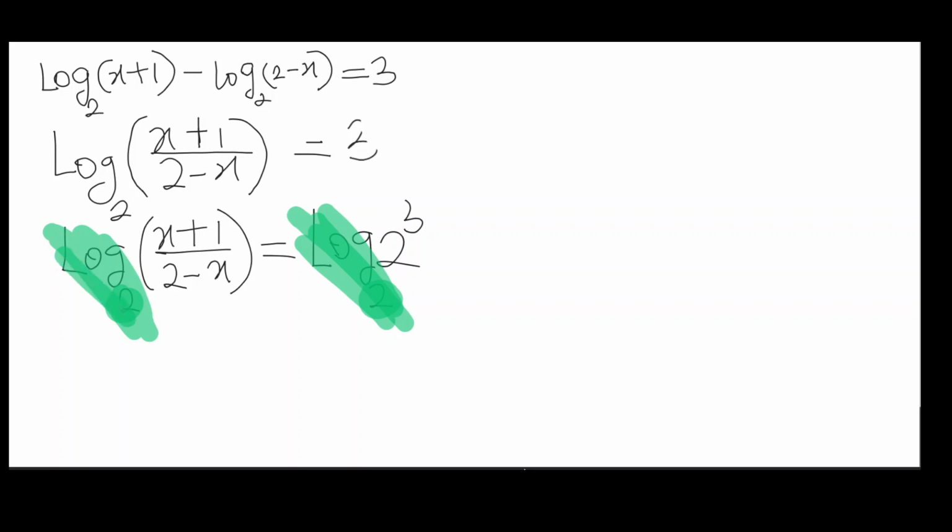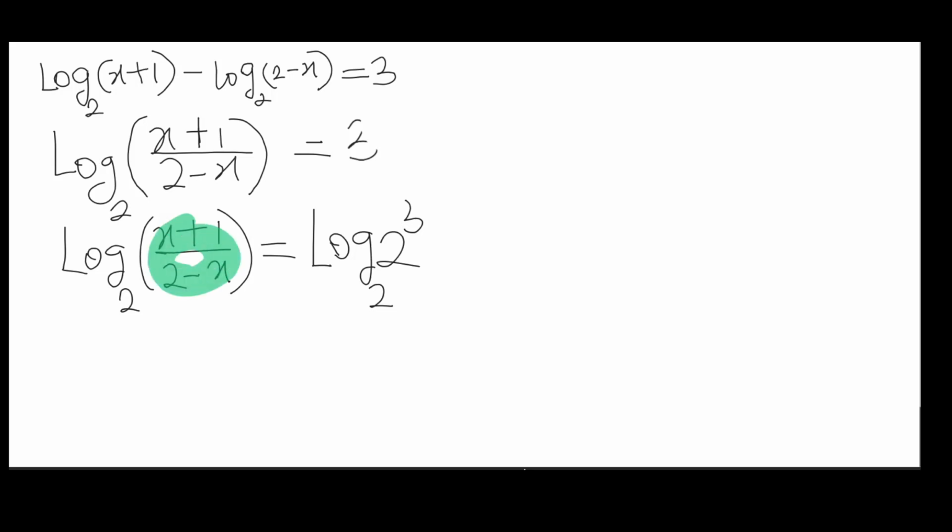And if log base 2 and log base 2 are the same, it automatically means that their arguments are also the same, because it is an equation. So it automatically means that everything we have here and 2 to the power of 3 are going to be the same. And that's what we are going to be working with now. We are not going to be working with the logarithms anymore.